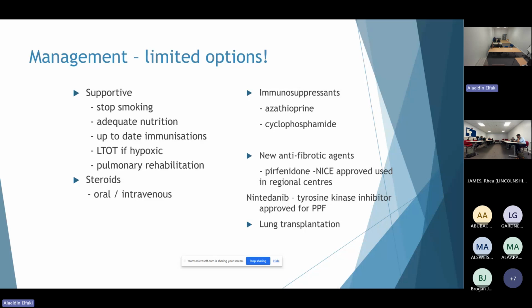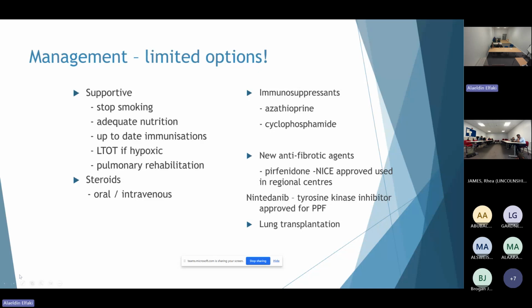Adequate hydration to maintain weight and muscle as well. Immunization to prevent exacerbations, which will result in declining lung function. Consider long-term oxygen therapy if the patient has persistent hypoxia, and pulmonary rehabilitation is also very important.